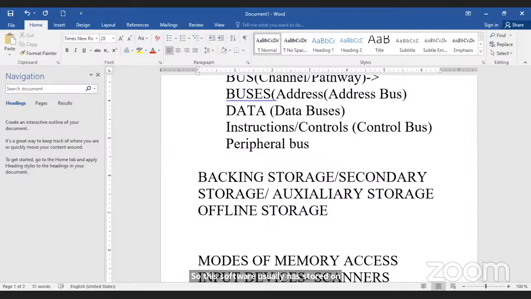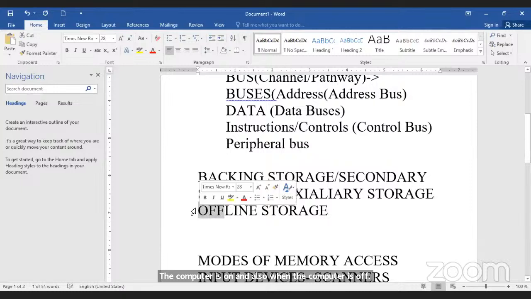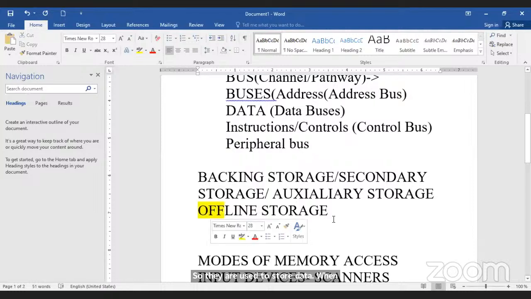Backing storage is used for storing data when the computer is on and also when the computer is off. That's why we use the word offline. They store data when the computer is off, so that when you power it on, you can still access those pieces of information.